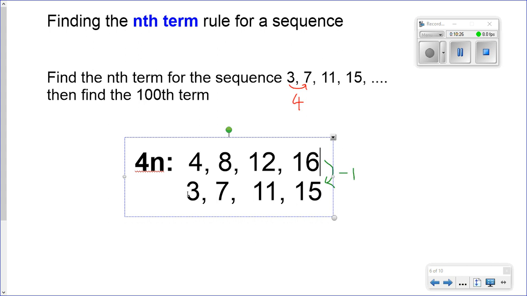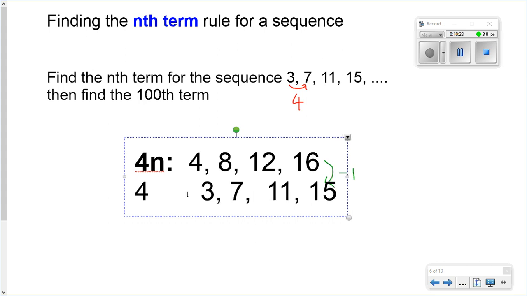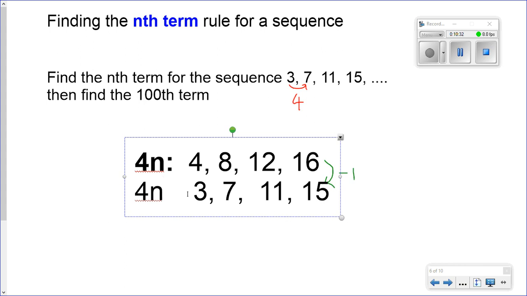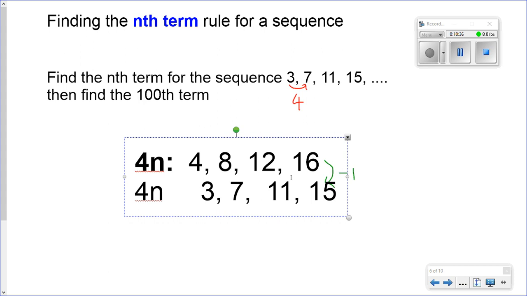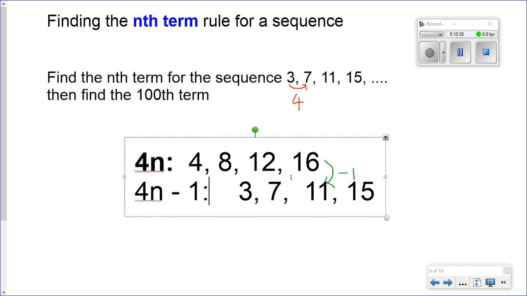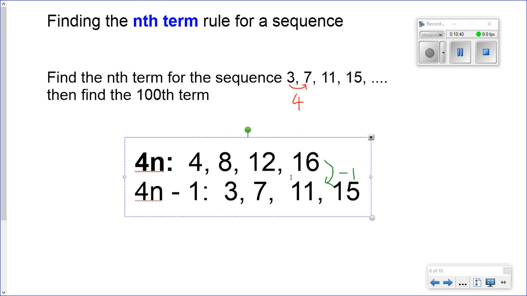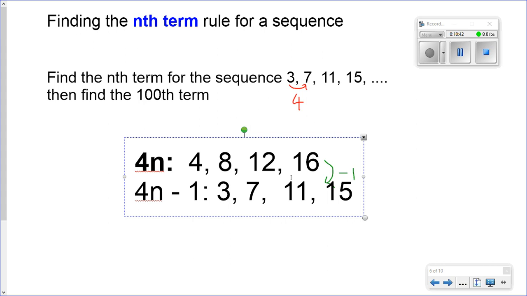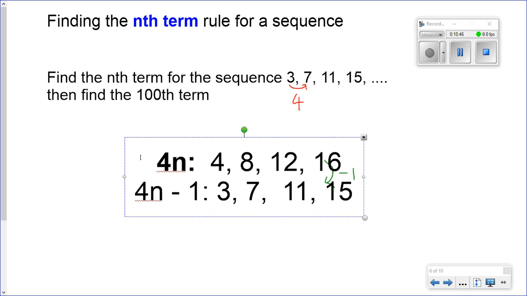Have you figured it out? So our rule has to start with 4n, but because we have to take away 1 from our 4n sequence, it has to be the rule 4n minus 1.